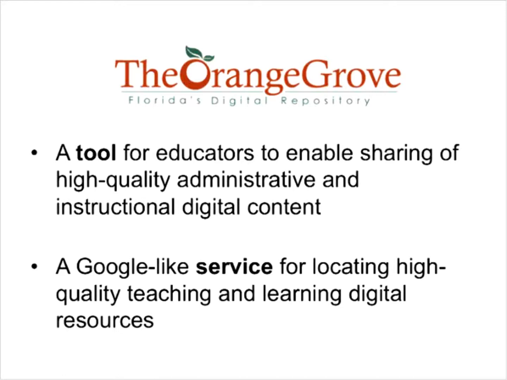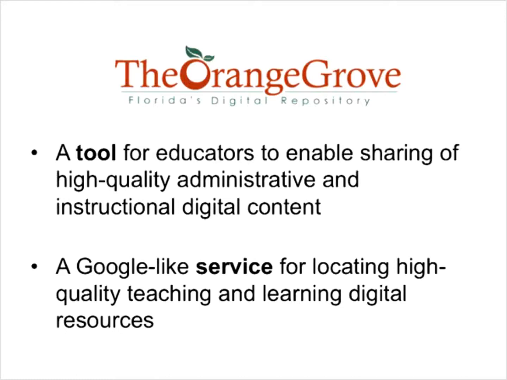Okay, so as you heard, Orange Grove is a repository, but to also use the same sort of terminology, we'll be talking about harvested resources. We're both a repository and a harvester in that we'll pull information in from other repositories, other websites, and you can search for those resources within our repository.